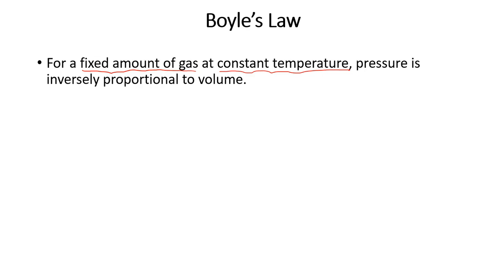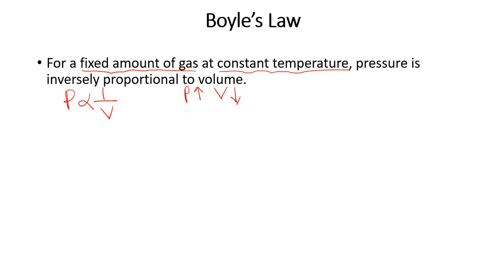In simple terms, pressure, which is P, is inversely proportional to volume. What it means is that as you increase pressure, the volume drops. So pressure goes up, the volume goes down.